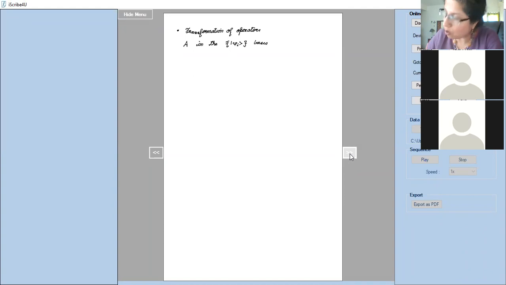I hope everybody understands the meaning of basis. Like I, J, K, the unit vectors I, J, K are the basis vectors for three-dimensional space in Cartesian coordinates. Similarly, R, theta, phi are the unit vectors or the basis set for three-dimensional space again in spherical polar coordinates.